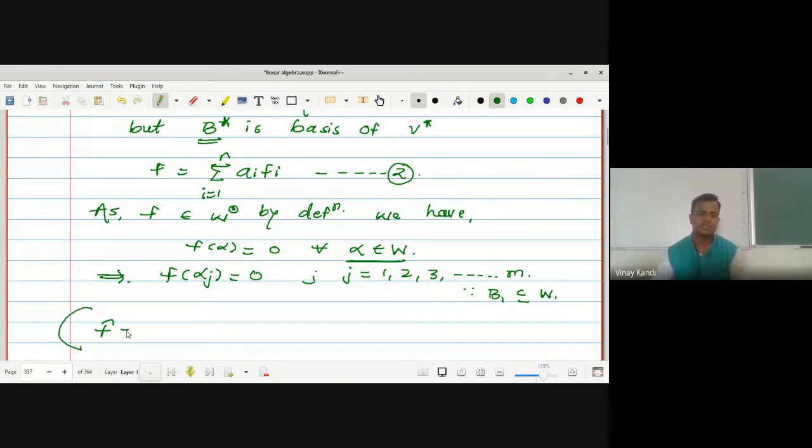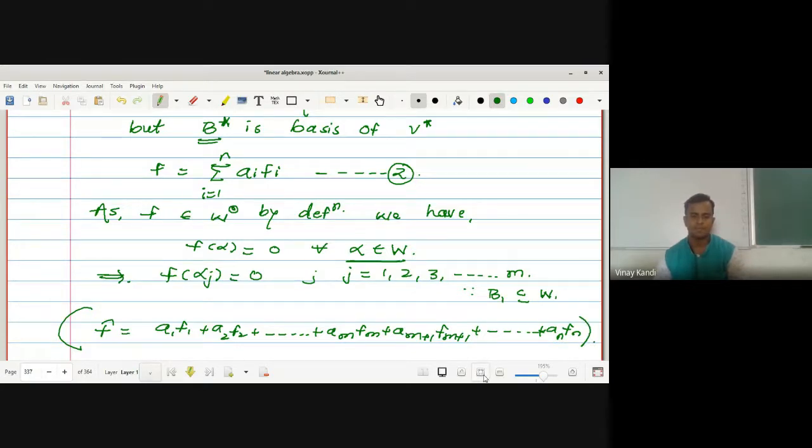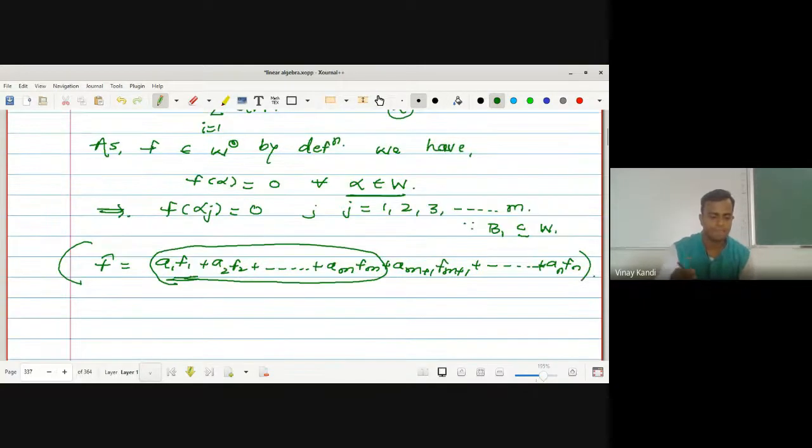In the bracket, write down here: F is equal to A1 F1 plus A2 F2 up to so on, summation, AM FM plus AM plus 1 FM plus 1, plus up to so on AN FN. But the elements from F1 up to FM, look, what I am telling you now: where are these elements from? This set is my S, Fm plus 1, Fm plus 2 up to Fn. Okay, this set is my S, these are its elements.